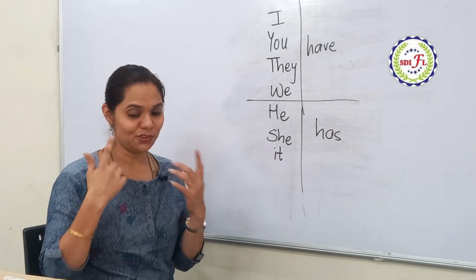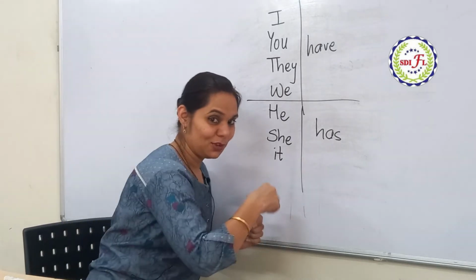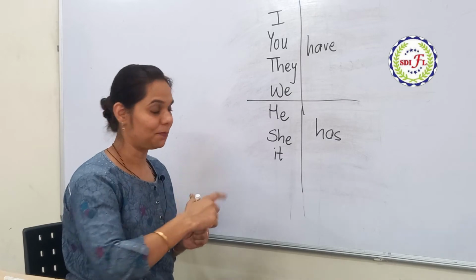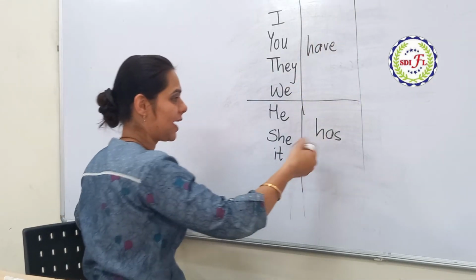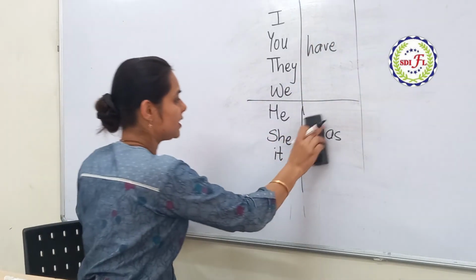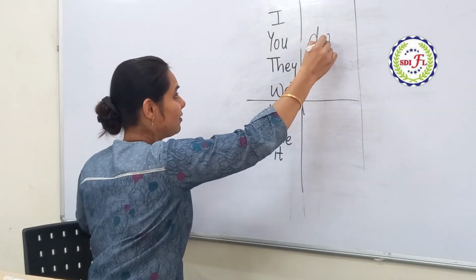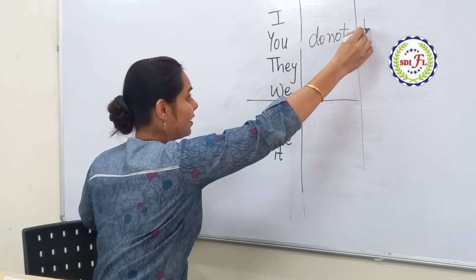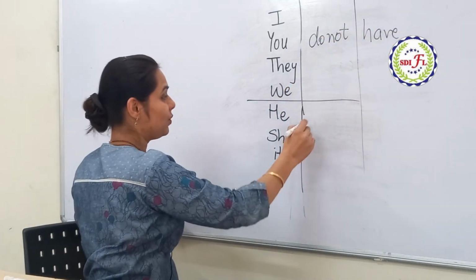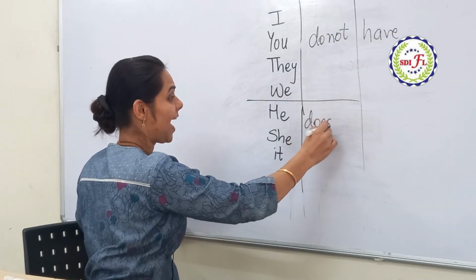One more thing in addition to this, the moment you will make the negative of this, here you will do the same as you always do. So you will say, I do not have. And here you will say, he does not have.